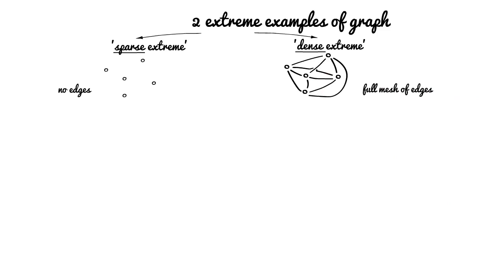I'm excluding possible potential anomalies like self-loop, edge from and to the same vertex, or parallel edges between the same two vertices. First extreme analogical example is about several cities not yet connected by any paved roads or bridges at all. Second extreme analogical example is about all cities connected to each other directly by paved roads.